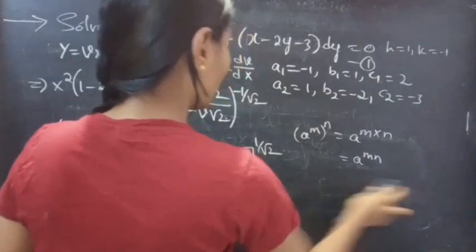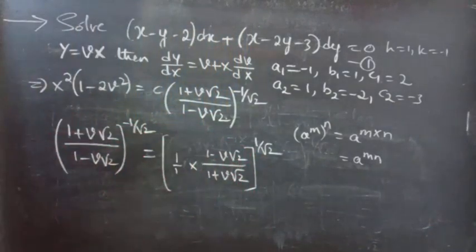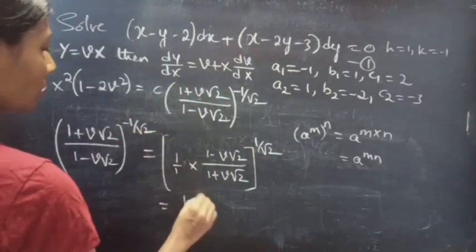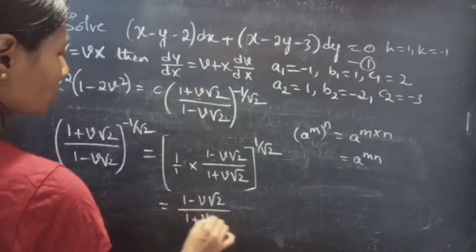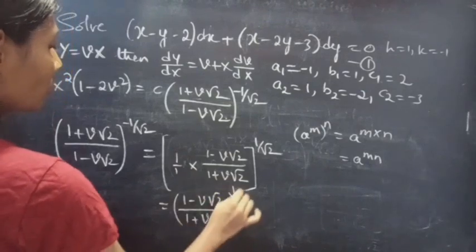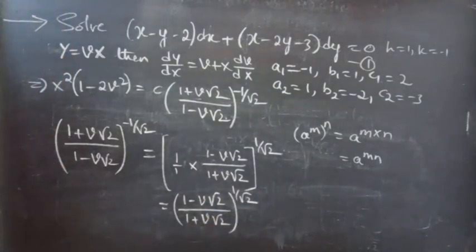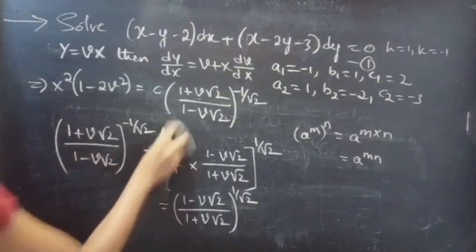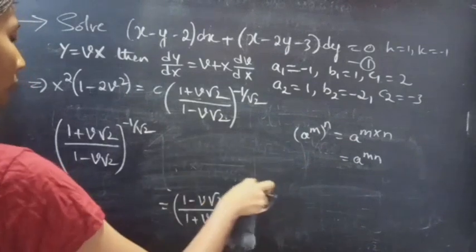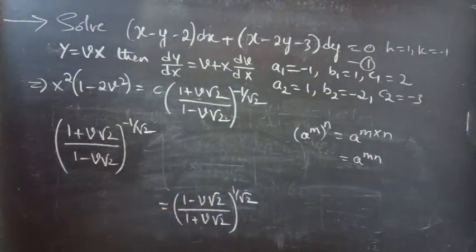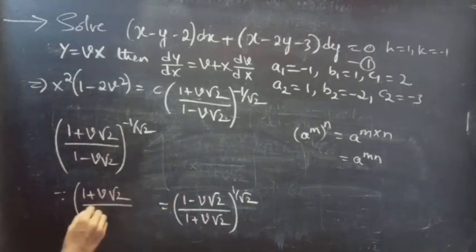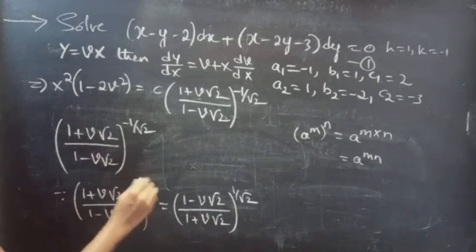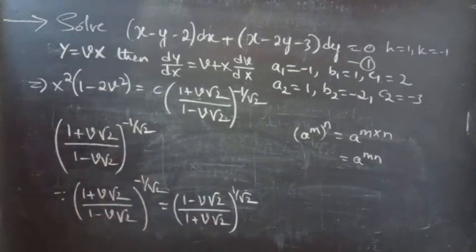We'll just write the whole number as a fraction: 1 as 1 by 1 is equal to ((1 minus root 2)/(1 plus root 2)) power 1 by square root of 2. Since (1 plus root 2)/(1 minus root 2) power minus 1 by root 2 is equal to this one.